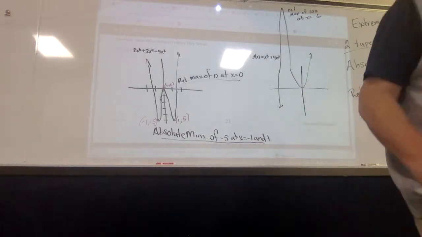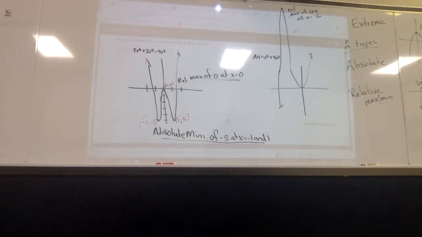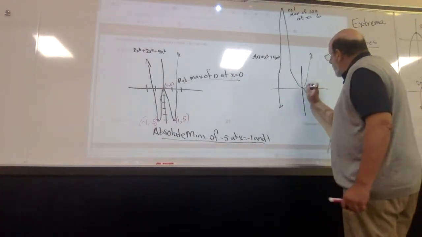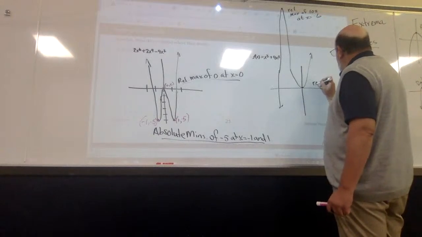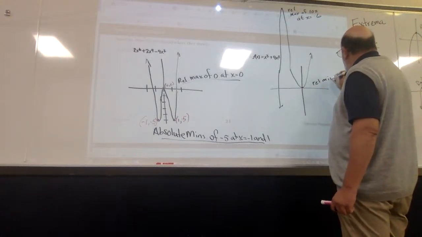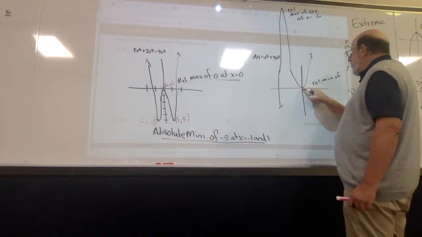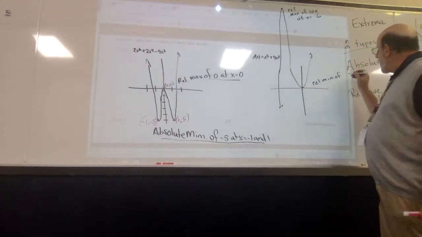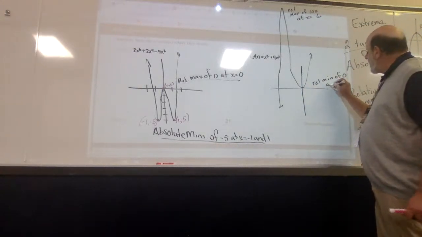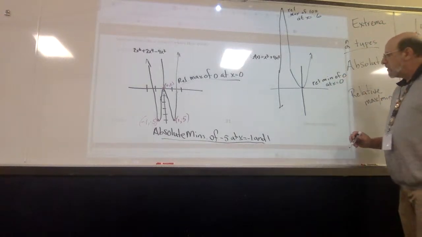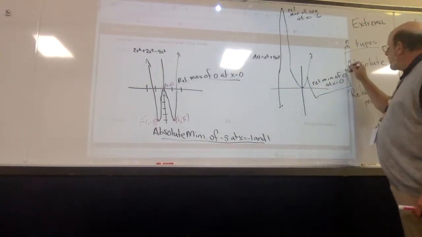And then it has a relative min of what? What's the y value here at 0, 0? Yeah, of 0 at x equals 0. So that's what I want to see.